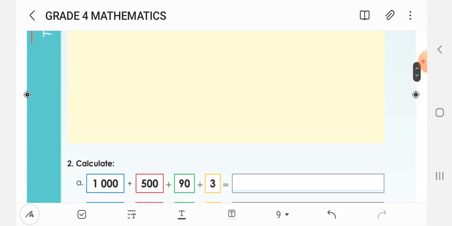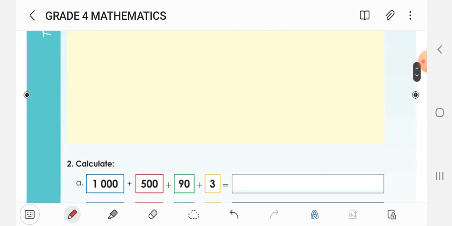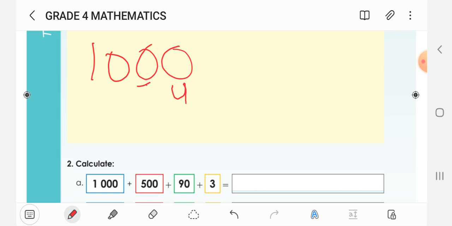Let's use the space. You know guys that when we have something like this, we have 1,000, right? So here we have units, tens, hundreds, and here we have thousands. Whenever we have a unit, we replace it with this value.